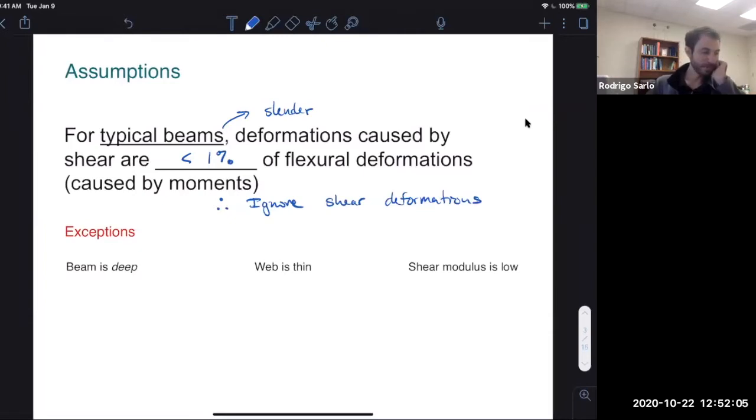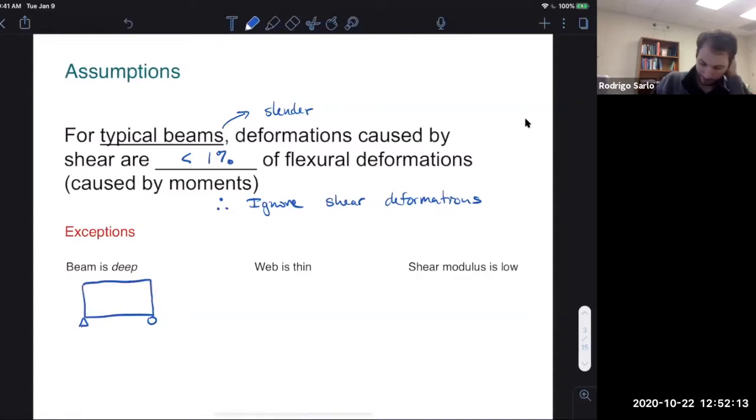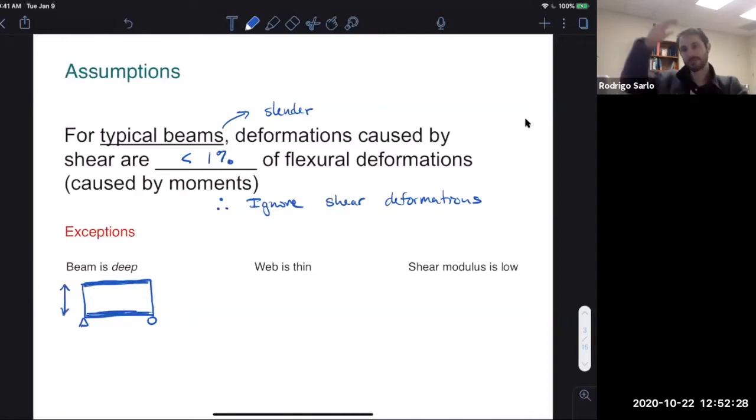Yeah, so a deep beam, if I can draw it, would be a beam that's kind of like this. It's very, very fat, right? So the depth of the beam, which would be the length of the web, like Jeff said, I mean, technically the depth of the whole beam.